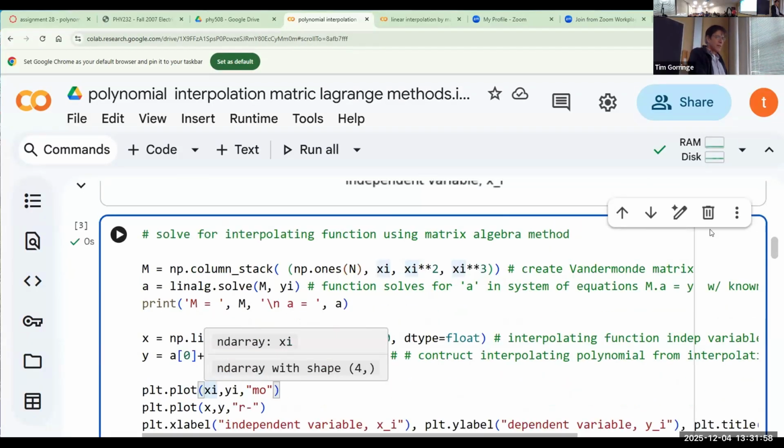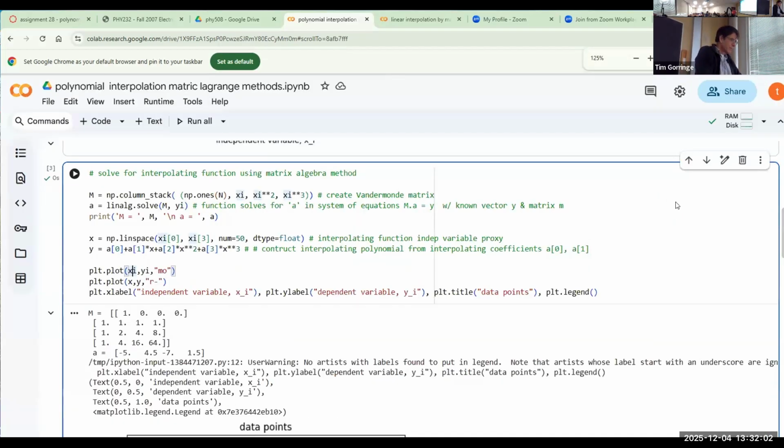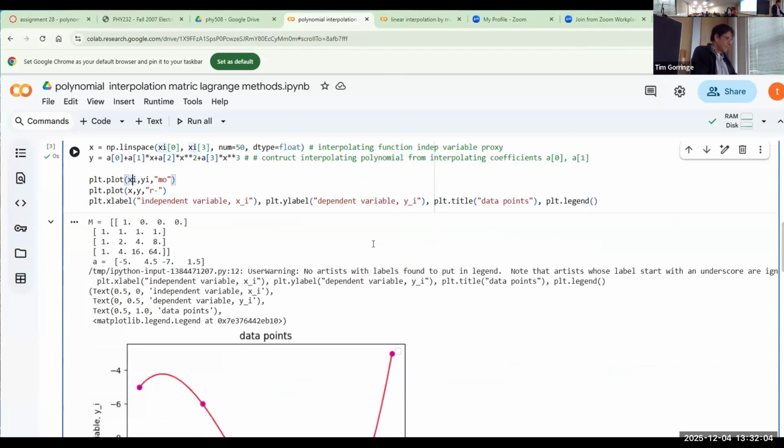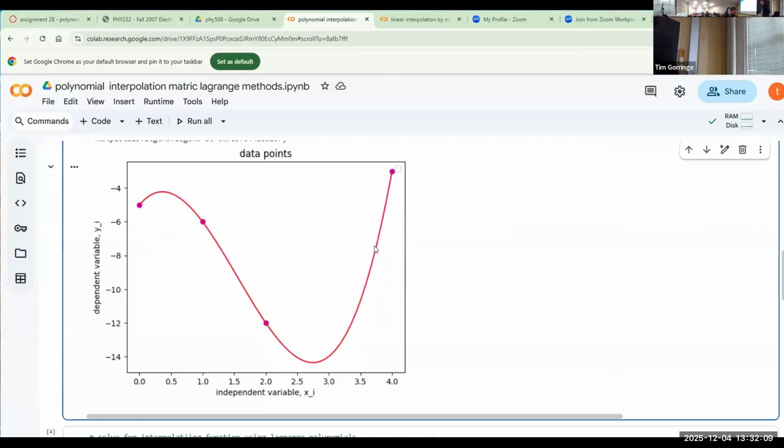Where's the plot? Plotted here the interpolating polynomial. So this is the cubic function that we've arranged that goes exactly through each of the 4 data points.